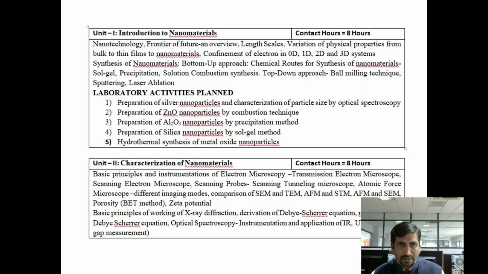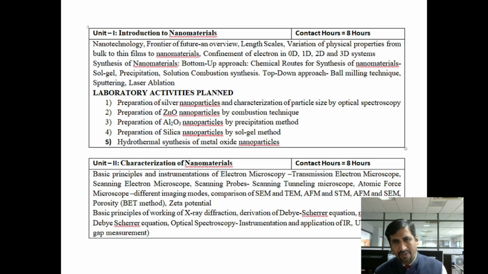The first unit talks about what is nanotechnology, what is nano. Nano means 10 raised to minus 9 meter, and anything less than 100 nanometers we call nanomaterials. You study zero dimensional, one dimensional, two dimensional, and three dimensional systems.